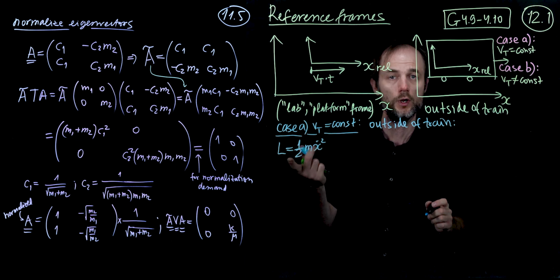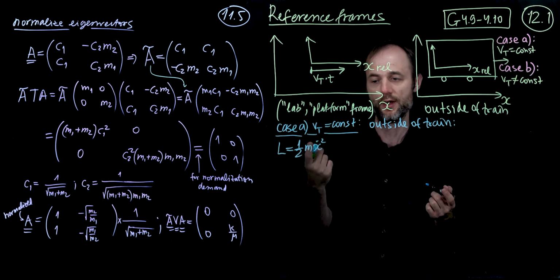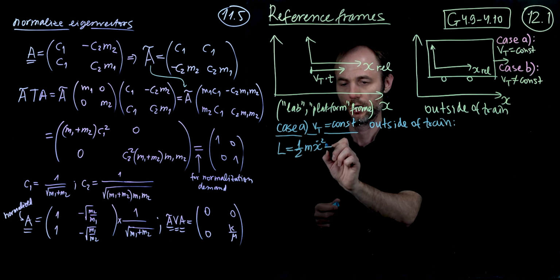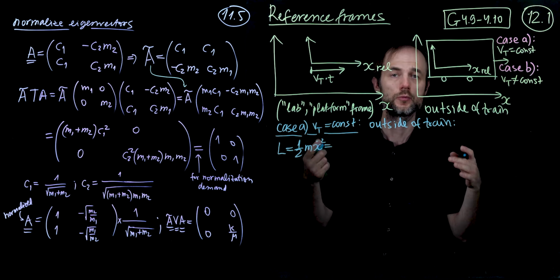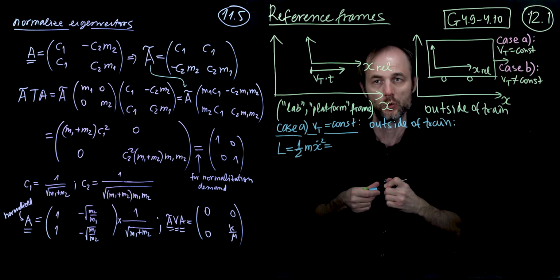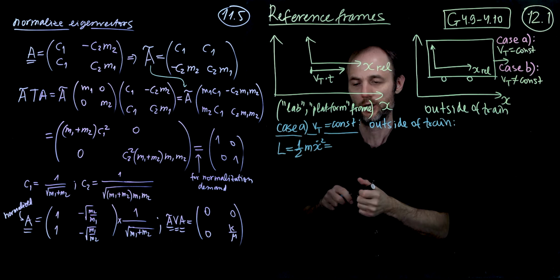It's nothing but 1/2 m times x dot squared, so 1/2 mv squared. However, let's try to express this in terms of the train coordinates. So we're going to switch from x to x relative. So how can we do that?